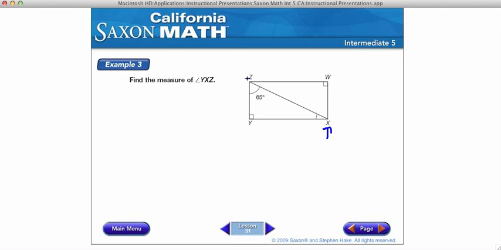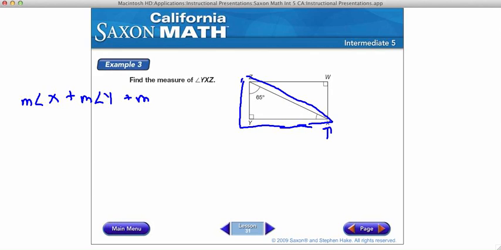Okay? So, since I'm looking for this angle, here's my whole triangle. I'm just going to kind of outline it for us. So this is my triangle. I know that Z is 65 degrees. I know that Y is 90 degrees. So again, the measure of angle X plus the measure of angle Y plus the measure of angle Z equals 180 degrees.